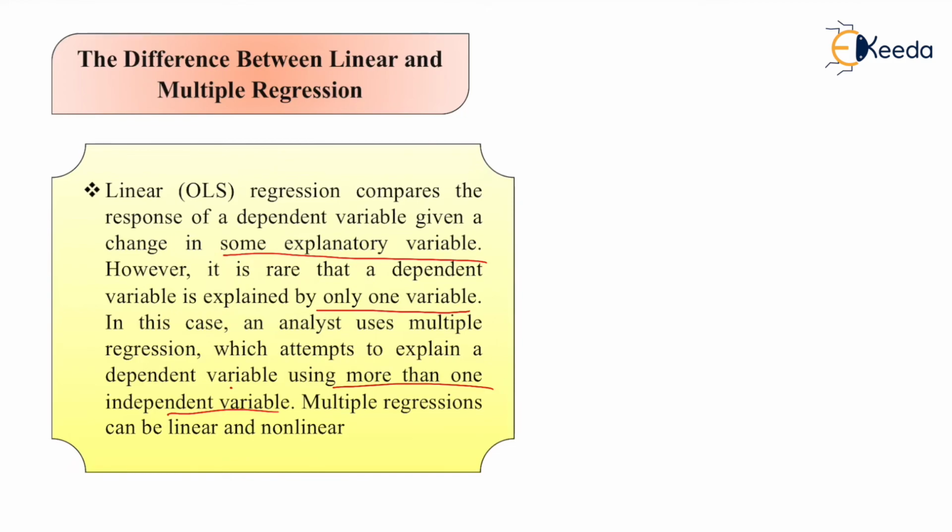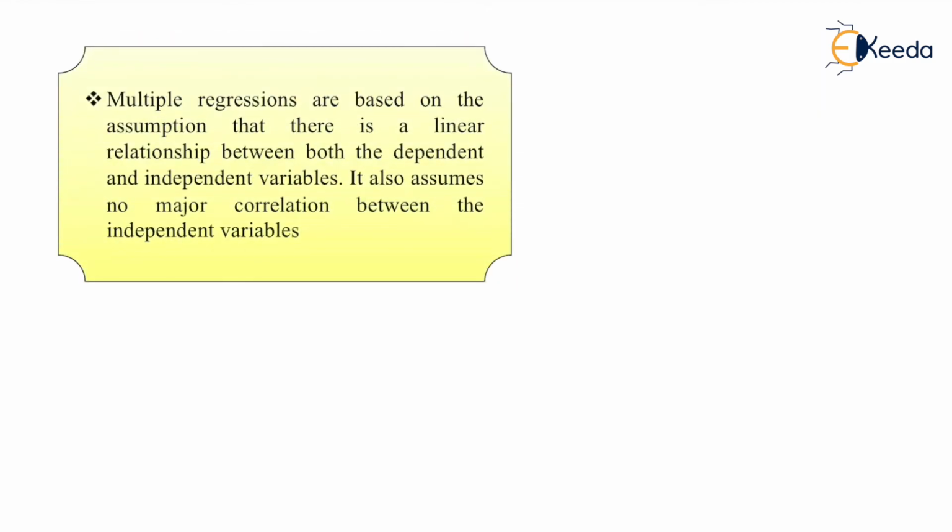And multiple regression can be linear or non-linear. Multiple regressions are based on the assumption that there is a linear relationship between both dependent and independent variables. It also assumes no multicollinearity, meaning no strong correlation between the independent variables.